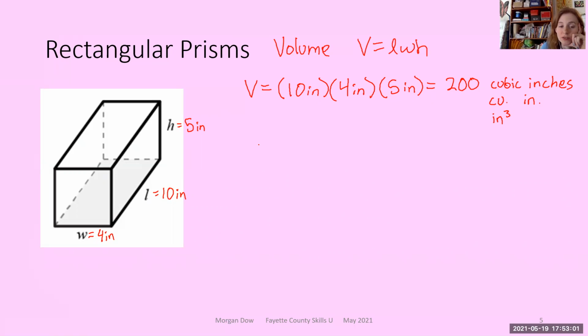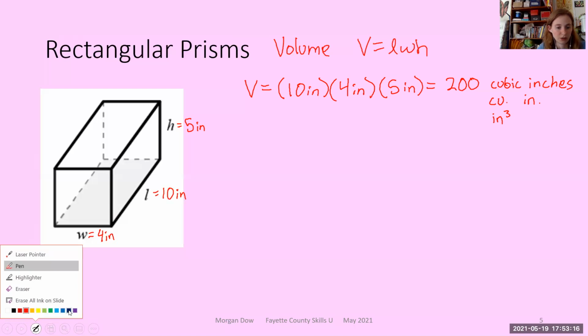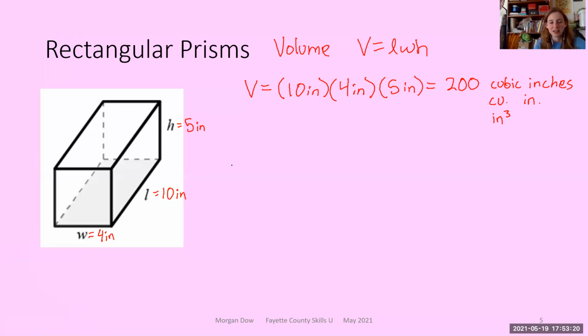Okay, so we just found the volume of this rectangular prism. Now, what about if you know the volume, but you have a missing measurement? So let's try a problem like that. I'll switch colors here to show that we're talking about a different type of problem.